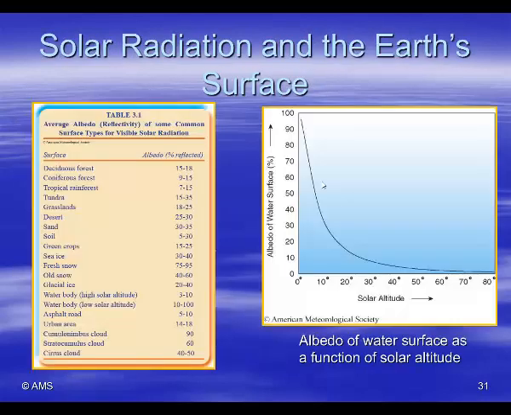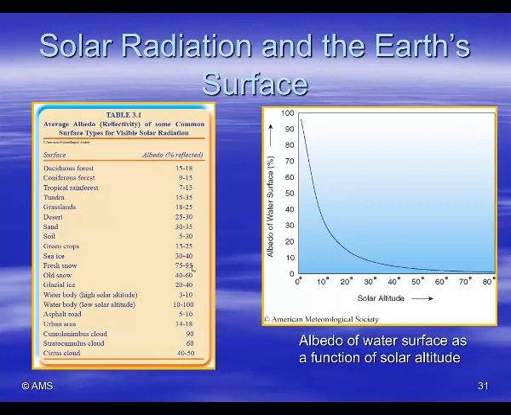Here shows a table of some of the different albedos. We see that in cirrus clouds we're reflecting 40 to 50% of the energy that's coming in. If we look at soil, we're reflecting about 5 to 30%. Snow reflects about 75 to 95%.